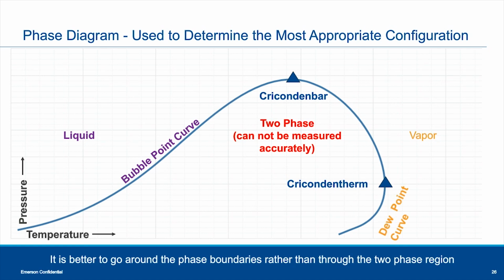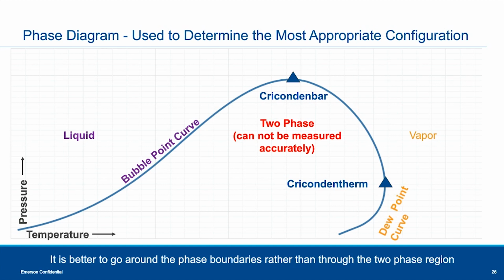One reason we ask what your temperature, pressure, and composition are is that we need to know if you're in that 2-phase area. If you are in the 2-phase, we'll no-bid the project because we cannot accurately measure it. If it's a liquid or a vapor, we have a good chance that we can help you.